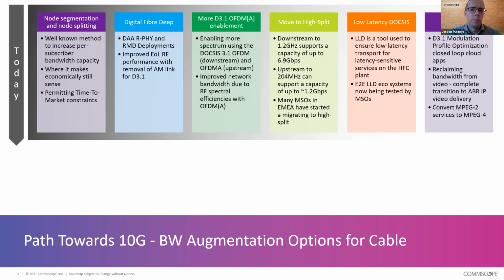That in turn typically goes hand in hand also with looking at ways to expand the upstream spectrum to 204 megahertz, equally so in the forward part to 1.2 gigahertz. Obviously, as part of this, DOCSIS 3.1 enablement and the expansion of DOCSIS 3.1 spectrum remains a key important tool in all of this. Not just now, but we also believe in future as and when we migrate towards DOCSIS 4.0 as well.